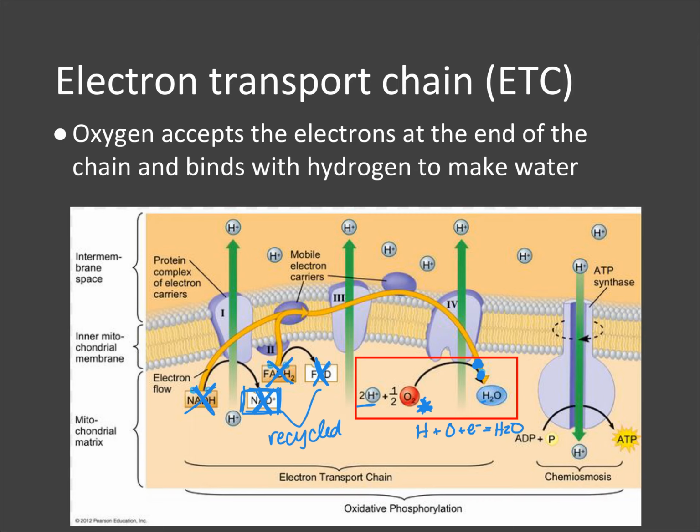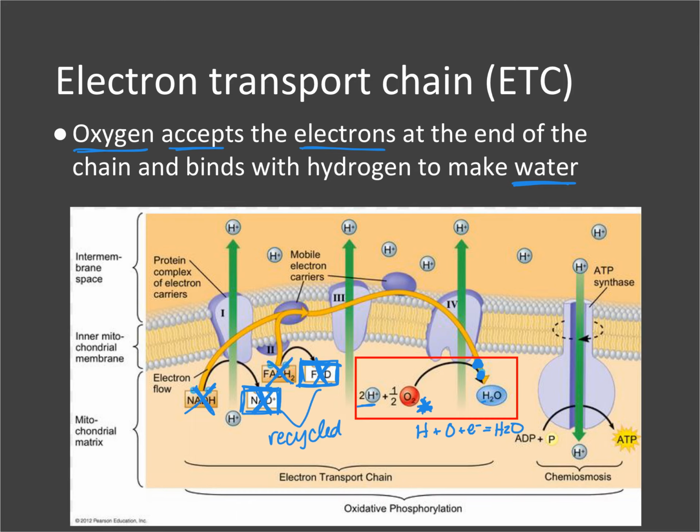So if we are no longer recycling them, then the cell no longer has the reactants it needs in order to keep going through aerobic respiration. To summarize, oxygen specifically is needed at the end of the electron transport chain to accept the electrons, and we make some water in the process.